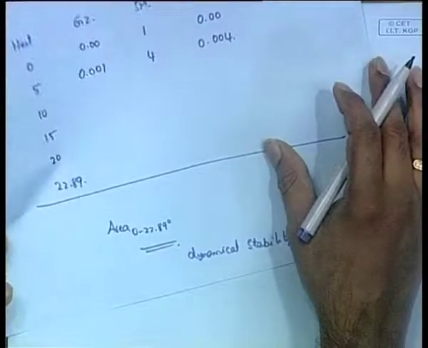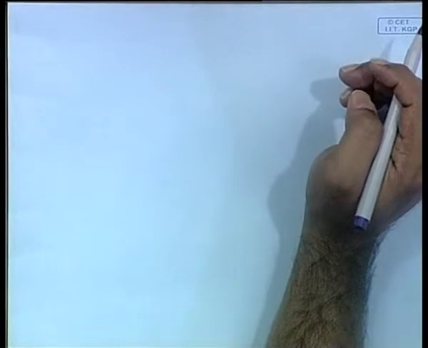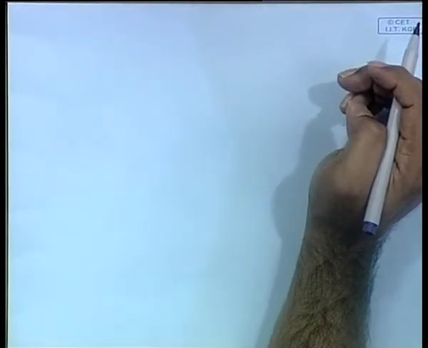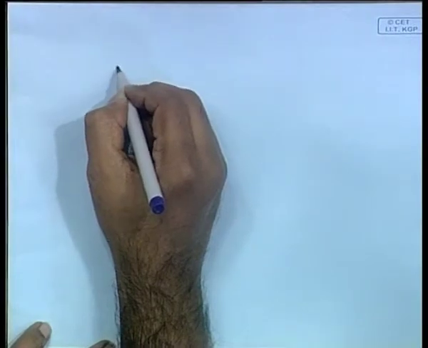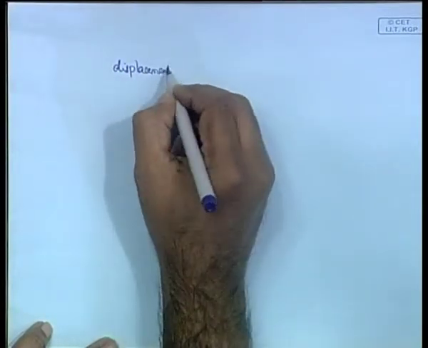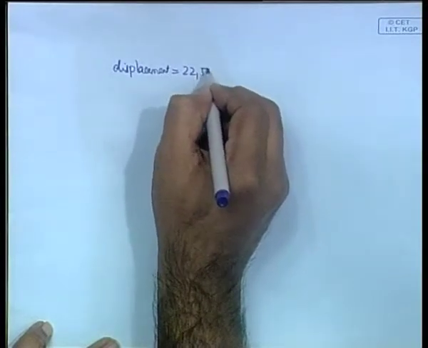Okay. They have one more problem, that I will do. It says that a vessel has a displacement of 22,500 tons.